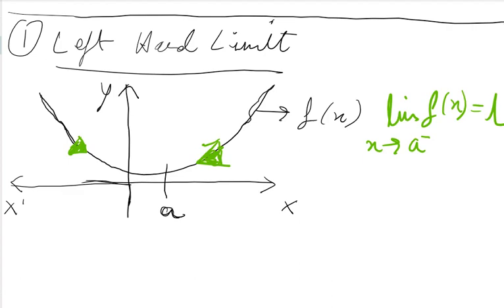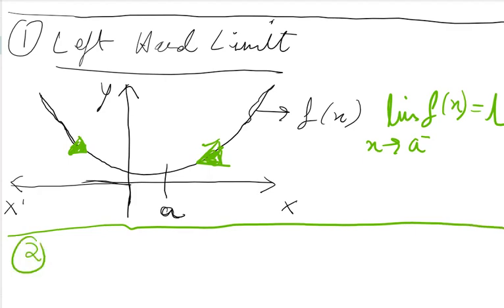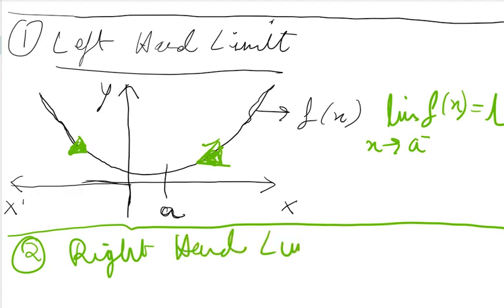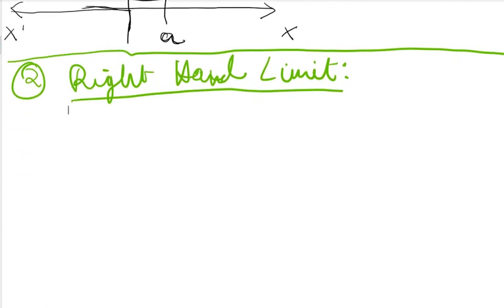Similarly, if you are to find the right hand limit, it's very simple. It is approaching from the right hand side. That was the left hand limit. Now the right hand limit is approaching from the right hand side.